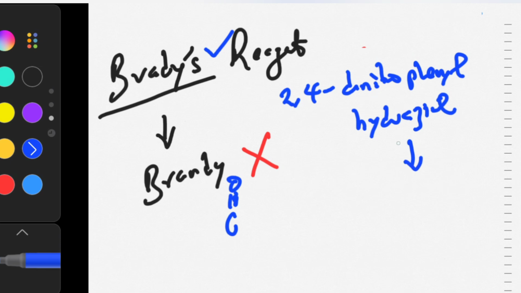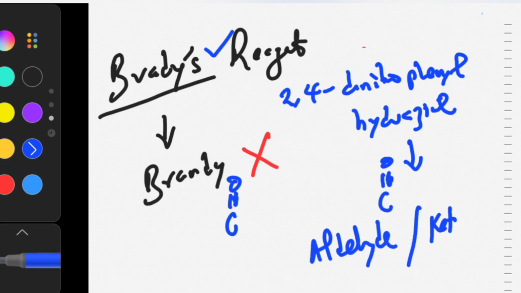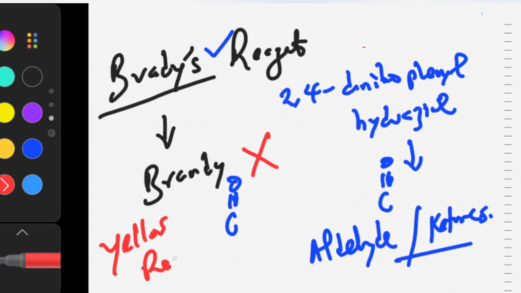When 2,4-dinitrophenylhydrazine reacts with a carbonyl group found in aldehyde or ketones, a 2,4-dinitrophenylhydrazone is formed, which is usually yellow or reddish. Okay, so that is the derivative of an aldehyde or ketone, 2,4-dinitrophenylhydrazone.